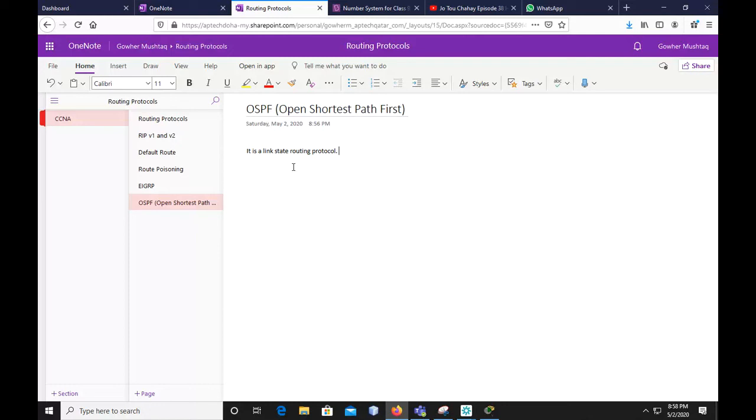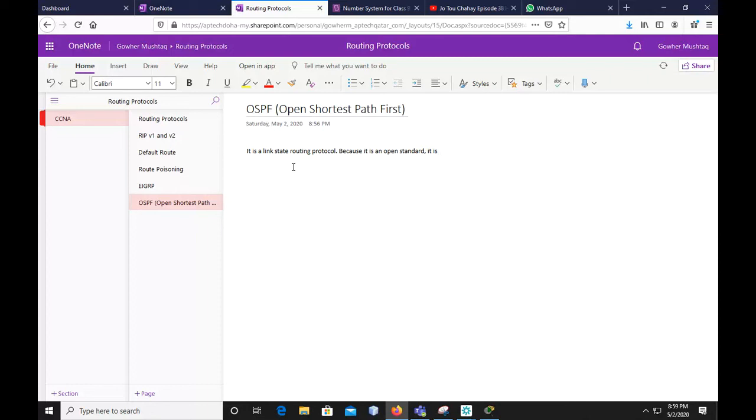This OSPF is a link state routing protocol because it is an open standard, it's not Cisco's proprietary protocol, so you can implement it in Cisco as well as any other routing device, whether that device is from Cisco or Juniper or Amazon or different vendors in this world. So you can implement it on any particular device.